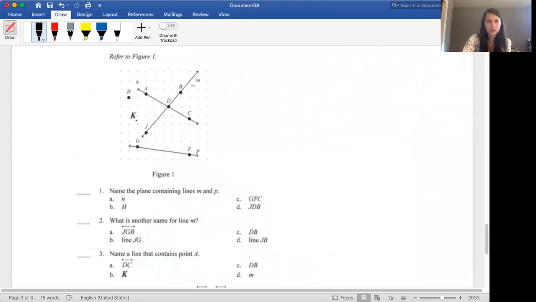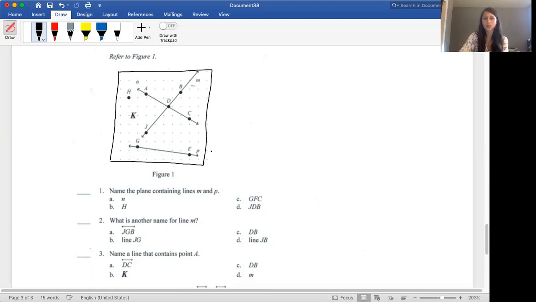Right here, we've got a picture, and I wanted to show you this because we haven't seen a picture like this yet. It's similar to what we've done, but it just looks a little bit different. This is all on the same plane. If you see a grid like this, just assume that they're all on the same plane unless directed otherwise, okay?